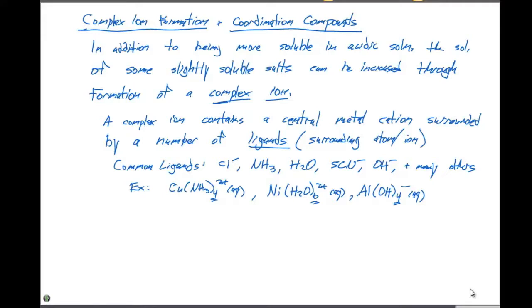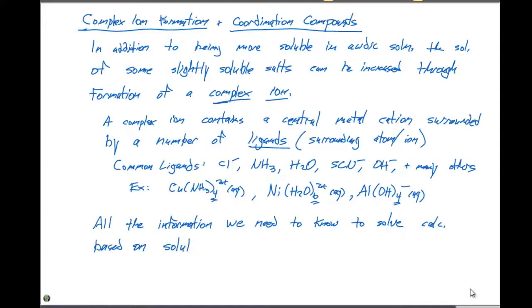All the information we need to solve calculations based on solubility can be found in the KF tables.